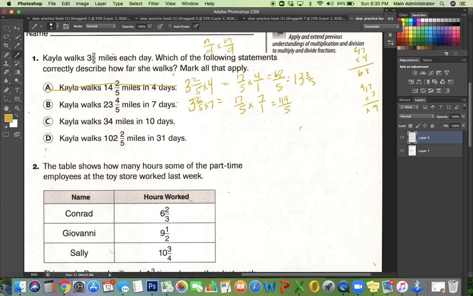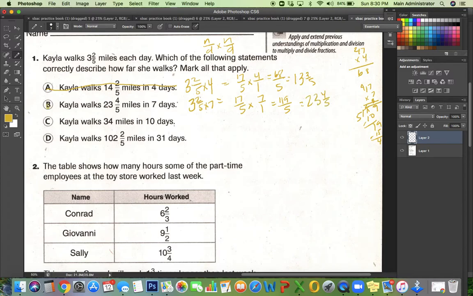Let's divide 119 by 5. 5 goes into 11 twice. 5 times 2 is 10. I've got 1 left over, 19. 5 goes into 19 3 times. 5 times 3 is 15. We've got 4. So that's 23 4/5.